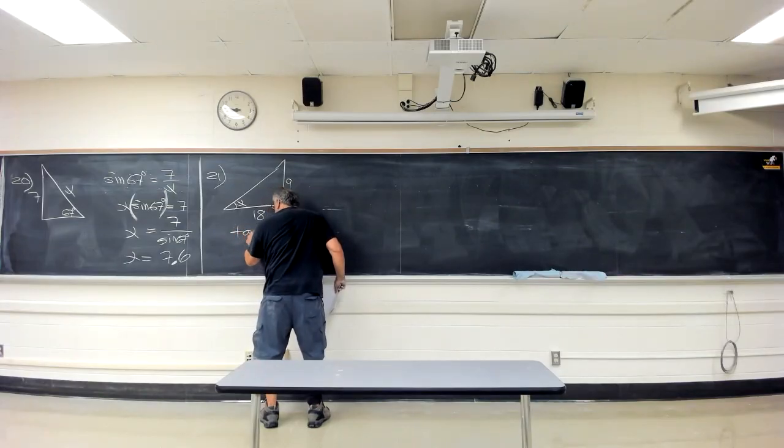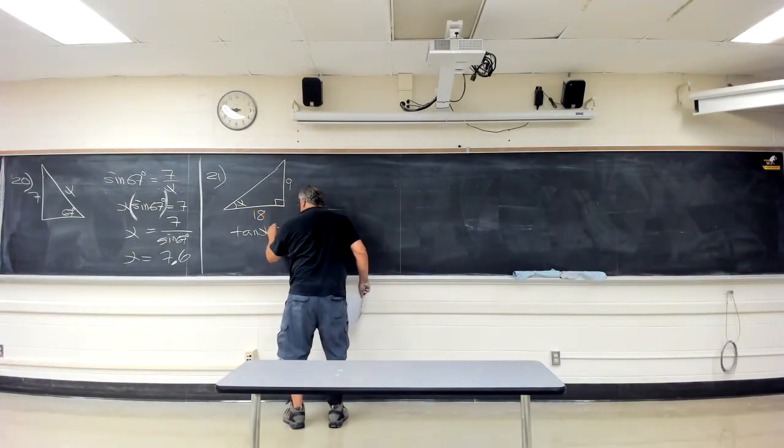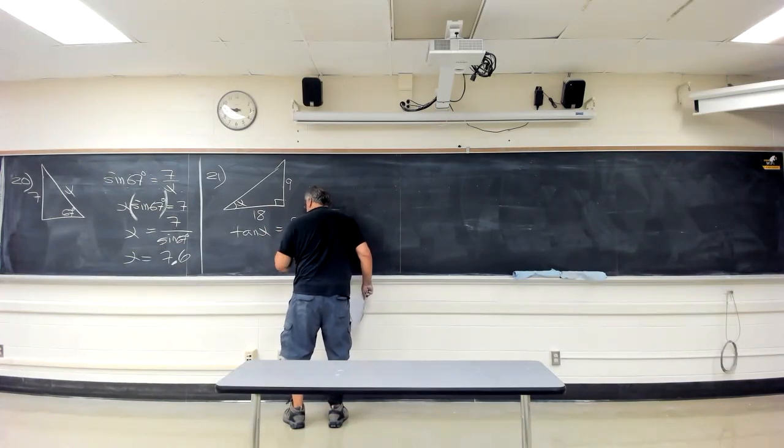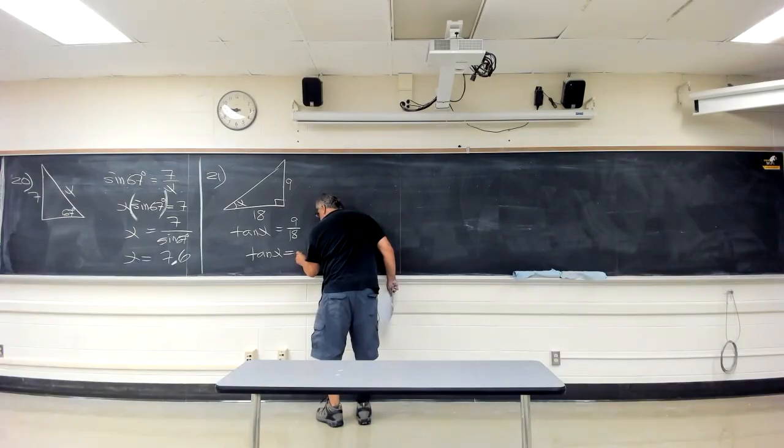The tangent of x is opposite over adjacent, which is 9 over 18. 9 over 18 is 0.5.